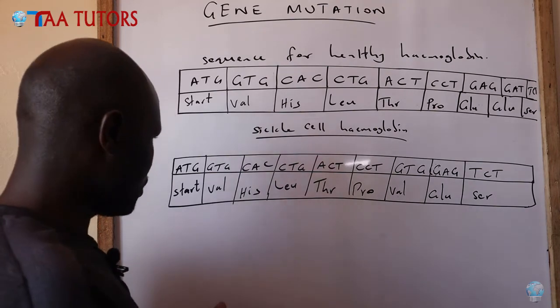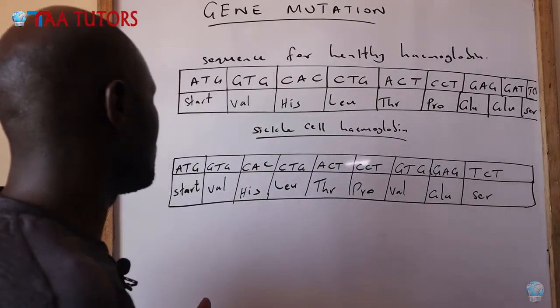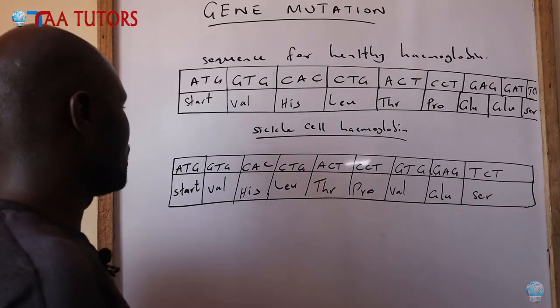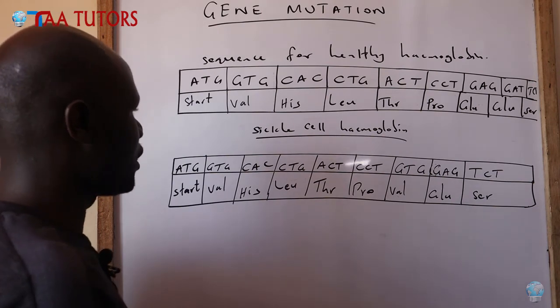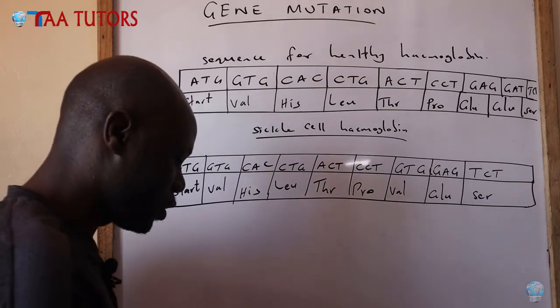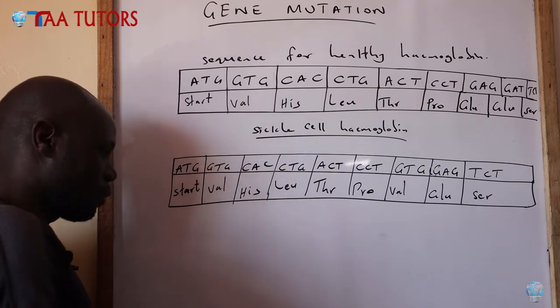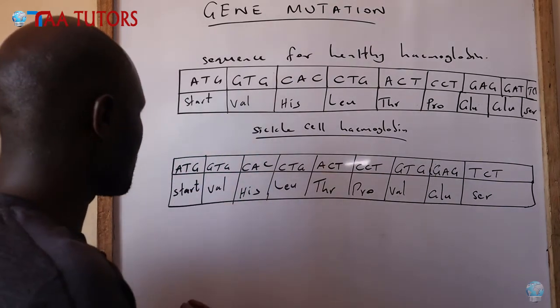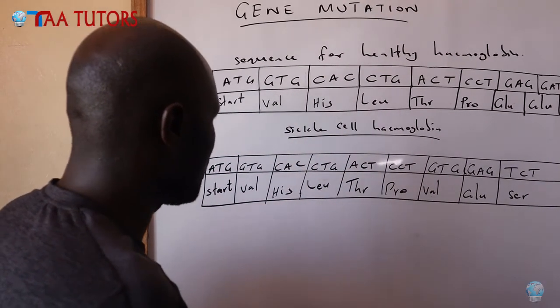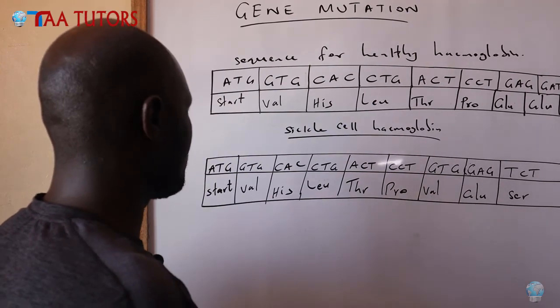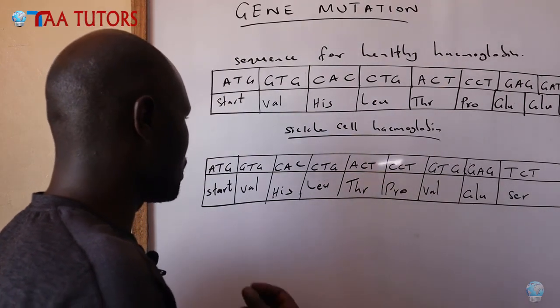So what causes this mutation? Mutation is caused when we are exposed to certain conditions that can bring in a change, that have the ability to penetrate into the cell. We have mutagens like X-rays, certain chemicals, and radioactive rays.